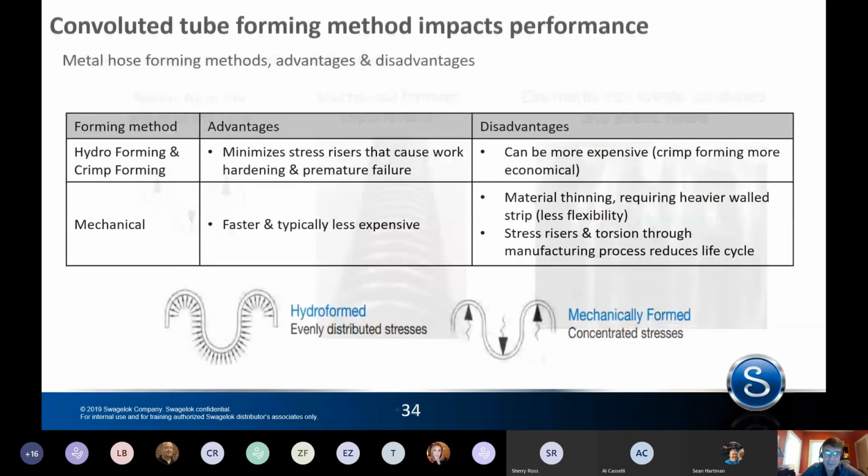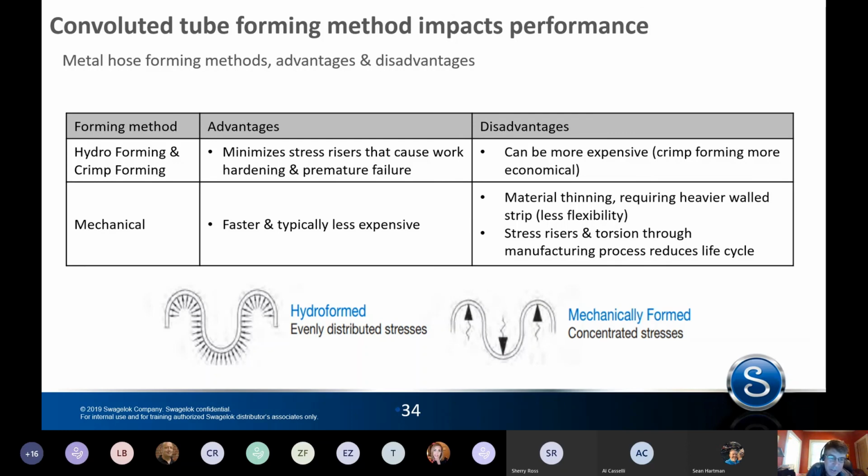And this is almost the only way hoses are made, but a few suppliers make a hose that's referred to as hydroforming or crimp forming. The way this is done is the inside of the hose is pressurized with water to thousands of PSI, which would burst the 0.008 inch thick tube, except it's inside of a mold, and that mold is in the shape of the convolutions.